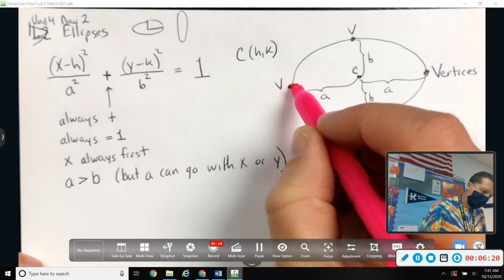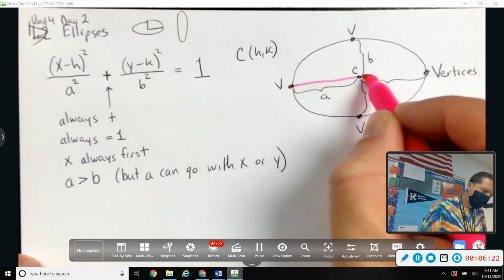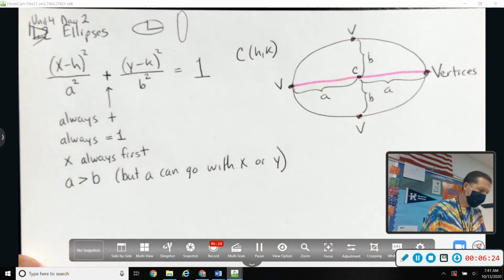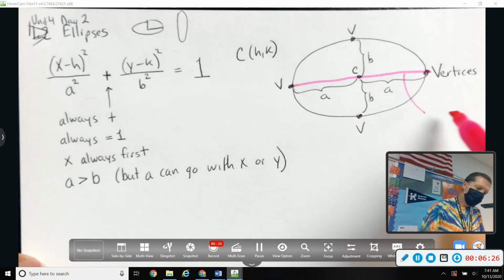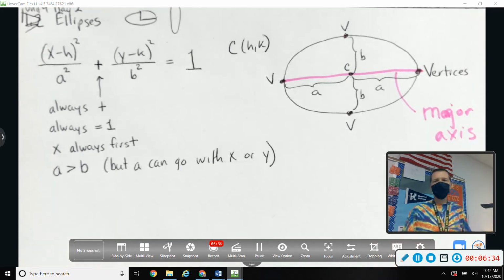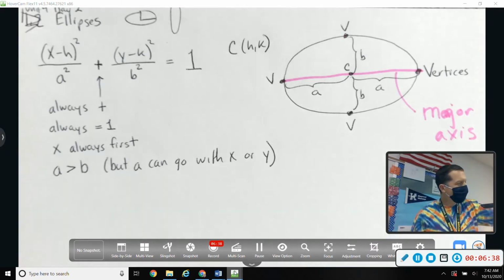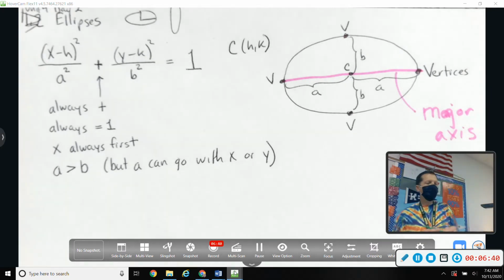There's 2 axes. The long one is called the major axis. Major because it's bigger. You want to take a wild guess as to what the shorter one's called? The minor axis.